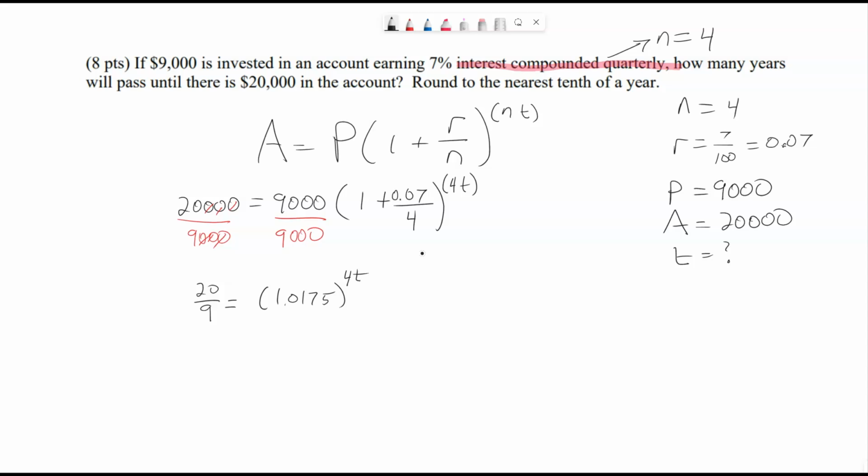Okay, we need to solve for t. The common way here is take natural log. That allows me to bring the exponent down in front where we can access the t. So we then have natural log of 20 over 9 equals 4t, natural log of 1.0175.